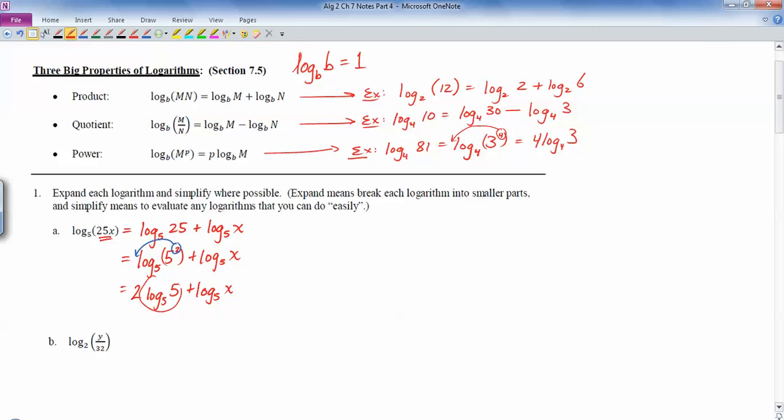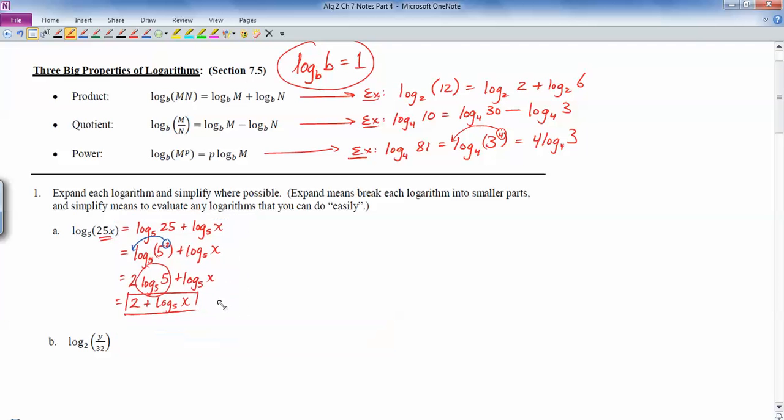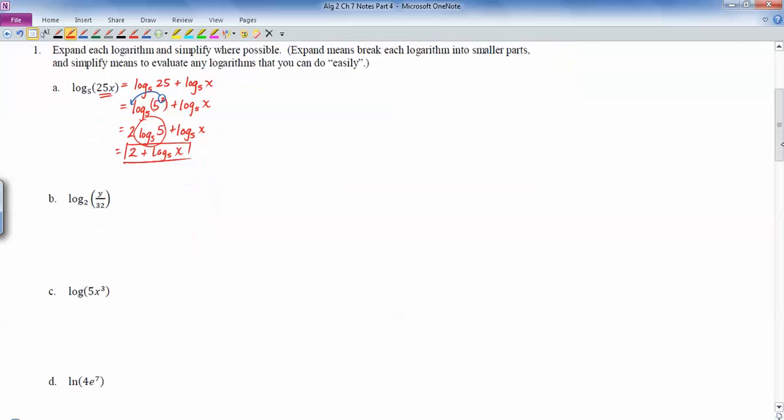And log base 5 of 5, that follows this pattern. So that's just 1. So this whole thing turns into 2 times 1 plus log base 5 of x. So there's that answer right there. Let me shrink this down just a little bit. Okay.